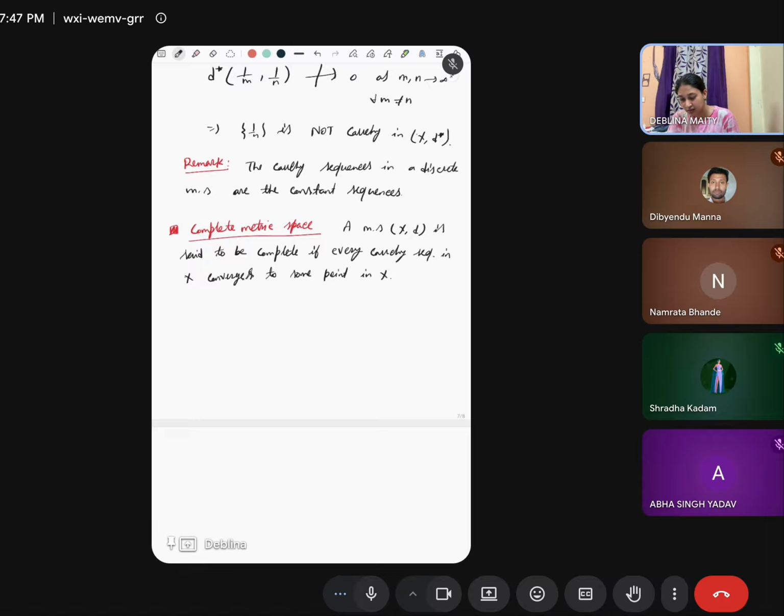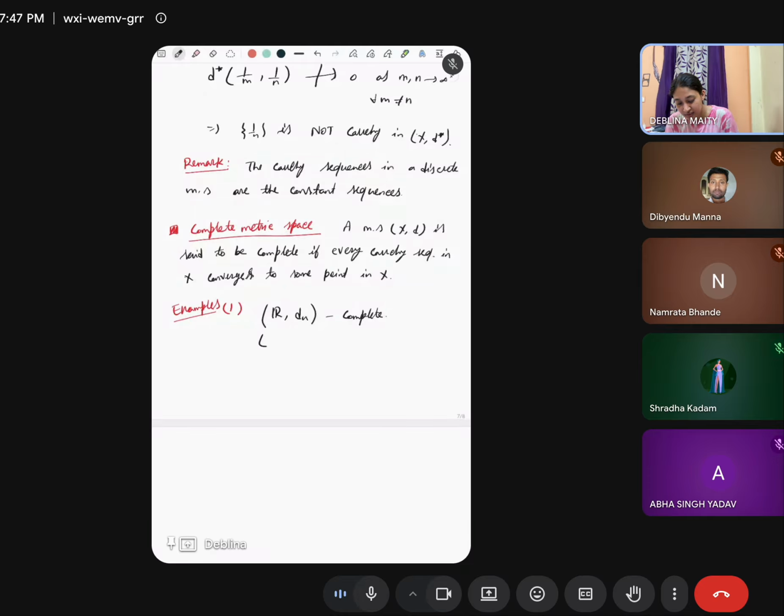Right? So as an example, we'll see some complete and incomplete metric spaces. The first one is R with the usual metric. We'll see that R with the usual metric is complete. I'm not giving the proof; you can check any book for reference.